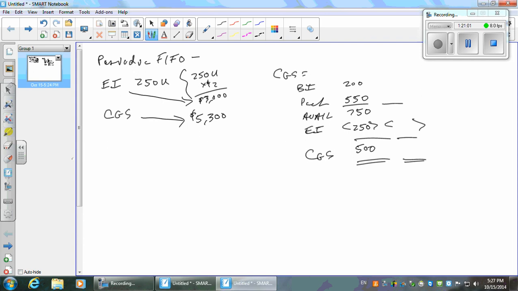Okay, beginning inventory was how many dollars? They were at $10 each, so it was 2,000. How much were the purchases? It was 3,300 plus 3,000, right? 6,300? Yeah. So what we had is 8,300 was available. And what we're going to do is we're going to calculate the ending inventory, and that's going to give us the cost of goods sold. On this first one, I have 3,000 ending inventory, right?